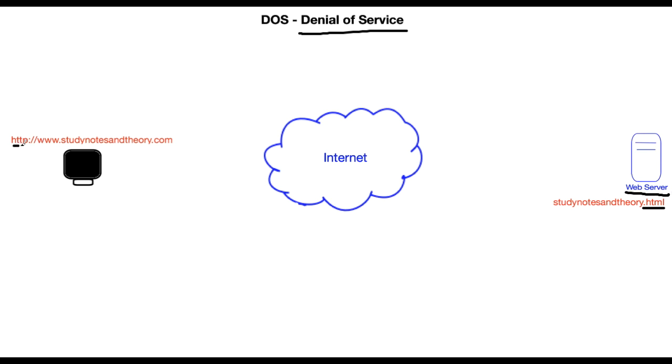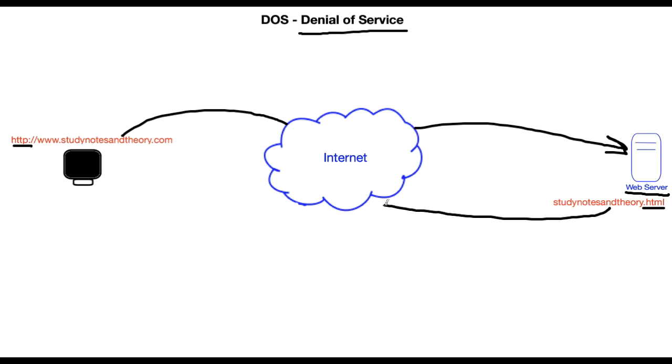We use the HTTP protocol on our browsers to request a web page from a web server. Our request goes through the internet to the web server, which in turn sends us the .html file that we use to view on our web browsers. The web server performs the service of providing HTML files for us to view as web pages on our computer.